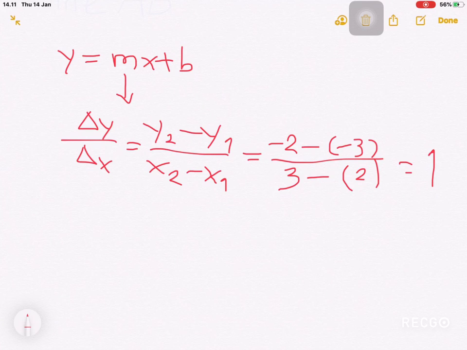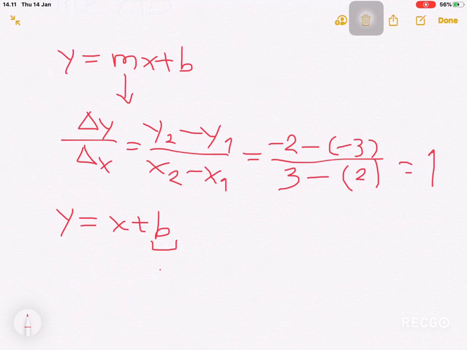So now we can just substitute our m back there, so we can get our current function y equals x plus b. And note, this is not the correct answer because we still have an unknown right here, which is the b. And you may ask, how do we get this? Because if we substitute x equals 0, we just get y equals b, and it doesn't really help.